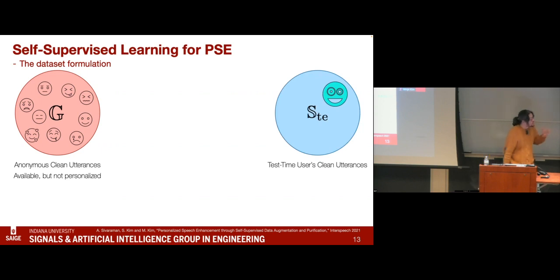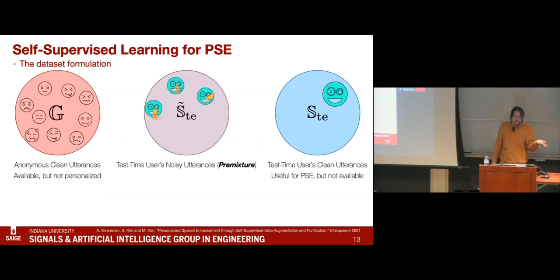I wish I had this data set, which is the test time user's clean utterances. And the test time user is a weird person with a weird facial expression. So I want to capture the peculiarity of that test time user by collecting the data from that user, but we know that it's kind of impossible.